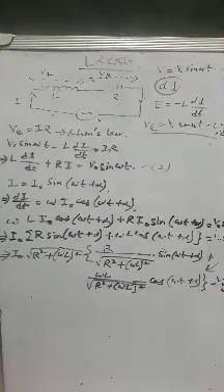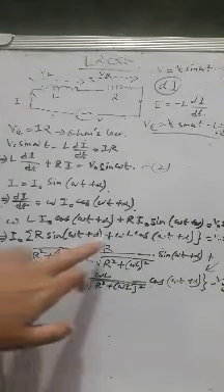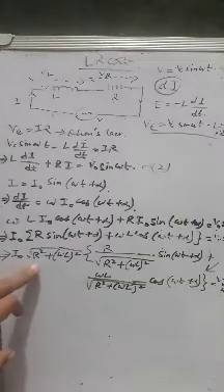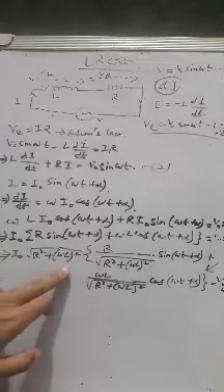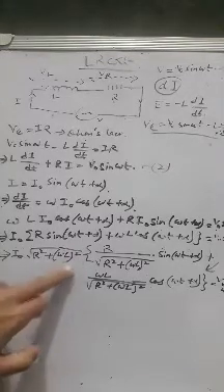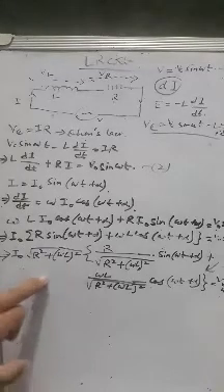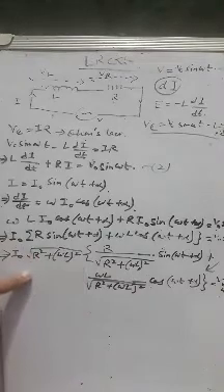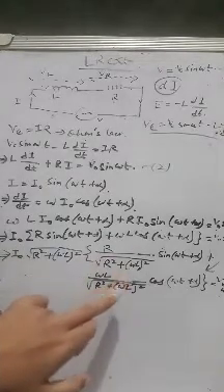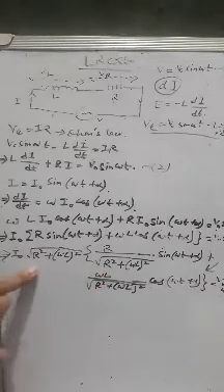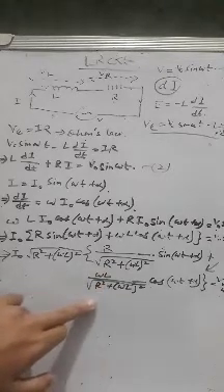Now I will explain students what I did. It was your previous step. In this step I have just taken root R square plus omega L whole square. The full thing should be kept under one big root. It is taken as common. Understood? This thing was not there in your previous step. So when I am taking it out as common, each and every term inside the bracket should be divided by this full thing, root R square plus omega L whole square.